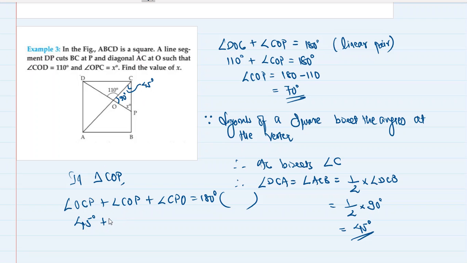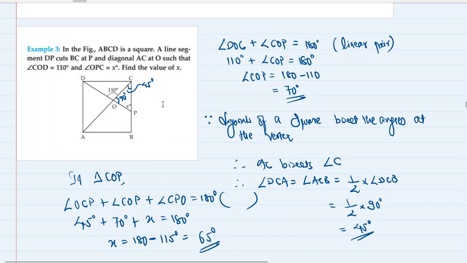Angle COP is 70 degrees and angle CPO is X. We had to find the value of X. So X is equal to 180 minus 45 plus 70, that is 180 minus 115, which is 65. X is equal to 65 degrees.